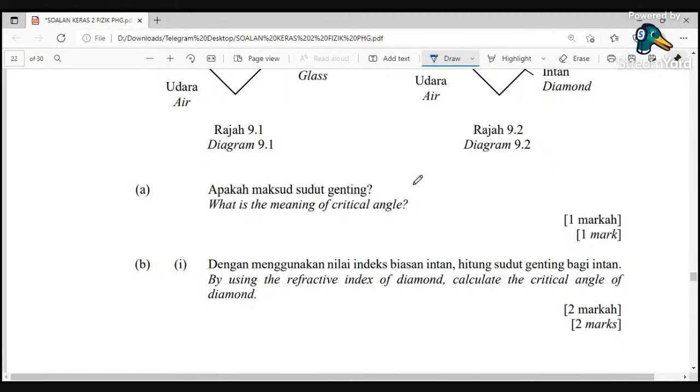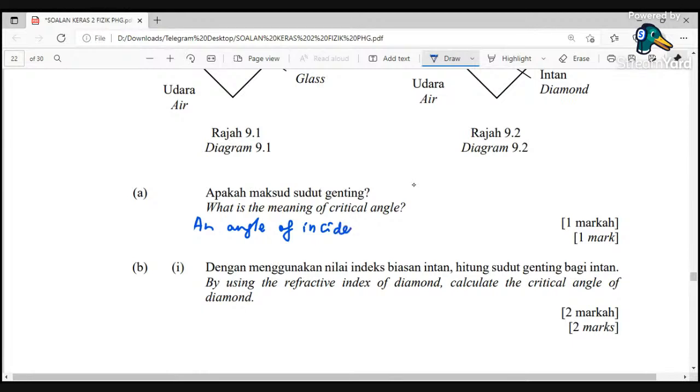Okay, this one your choice, you need to memorize all definition. So critical angle actually is an angle of incidence that produce angle of refraction 90 degrees.